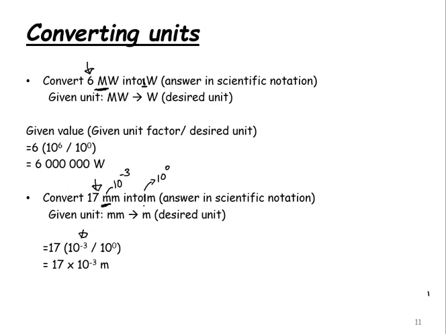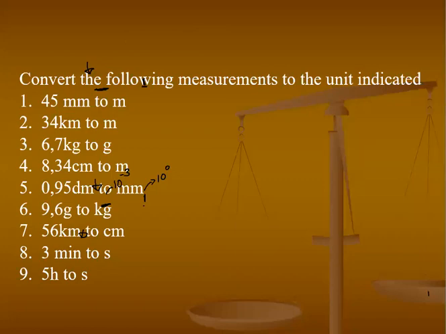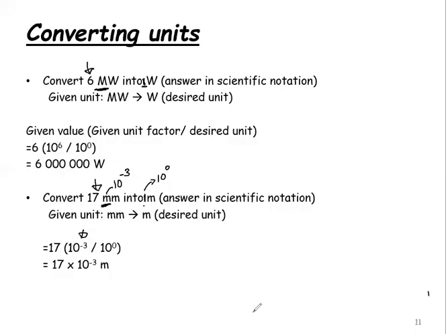You can see the number is written in scientific notation. There's no need for decimals at this point. If you do write that in a decimal form, you could write it as 1.7 times 10 to the exponent negative 2 meters.